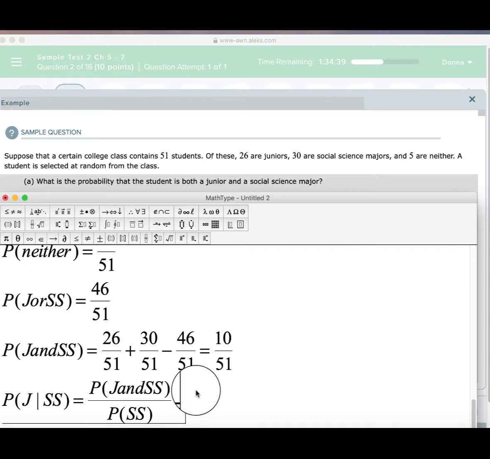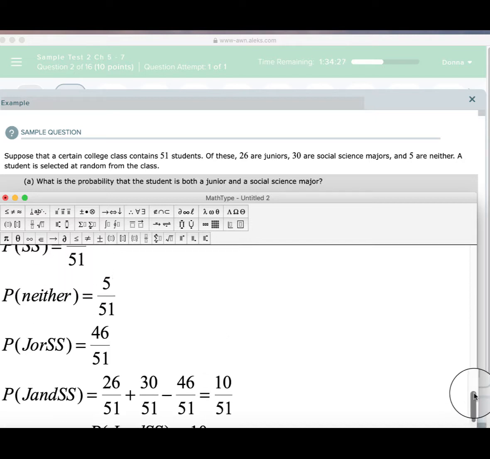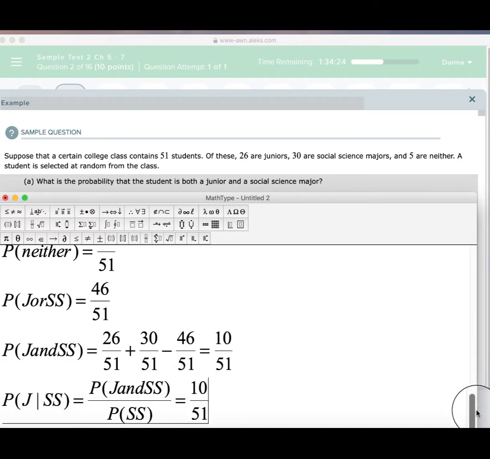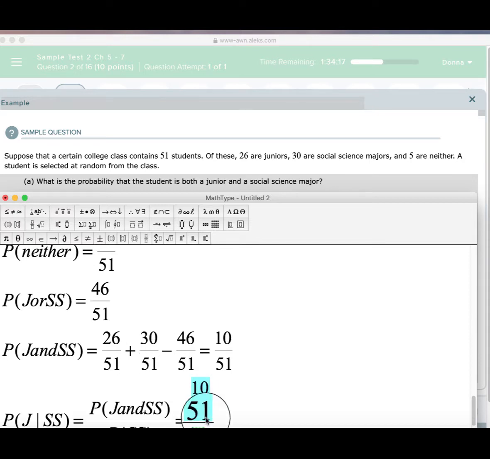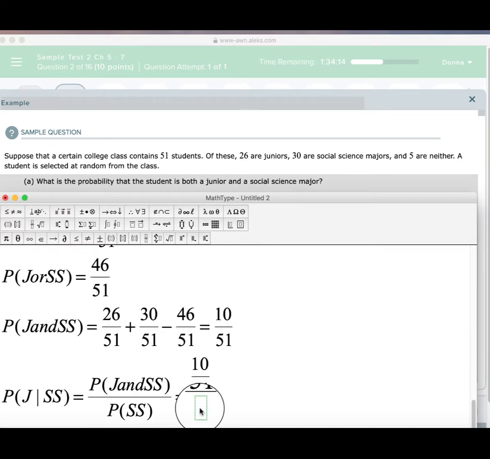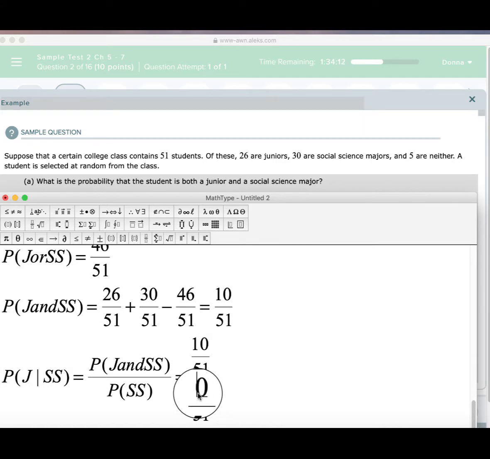So it's going to be 10 out of 51 divided by the given. And the given was social science, which was 30 out of 51. When we invert and multiply, the 51s are going to cancel.